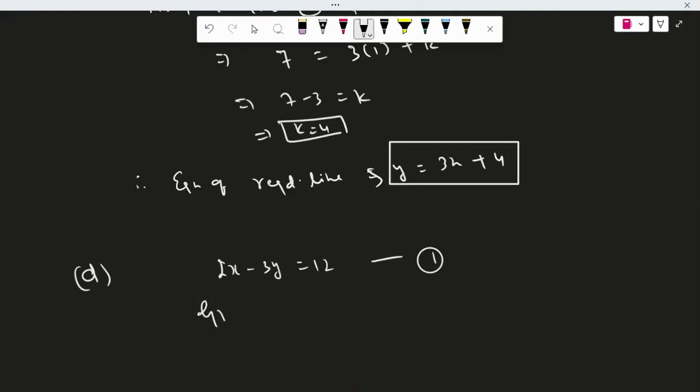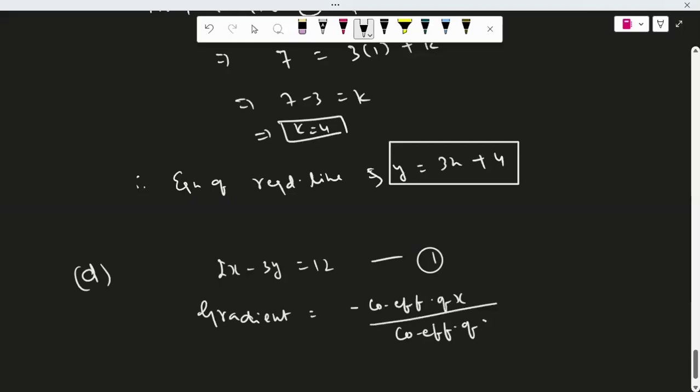How will we find the gradient? The gradient is minus the coefficient of x over the coefficient of y.